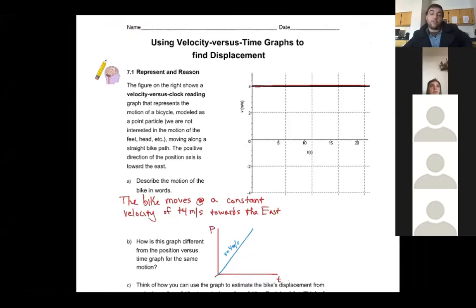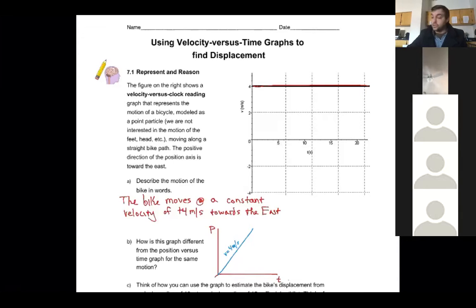I've brought it up a few times, honestly, the general flattening of the curve that goes on when you go from a position versus time graph to a velocity versus time graph. I go from a position versus time graph with a slope like this to a velocity versus time graph with a flat slope, a flattening of the curve.